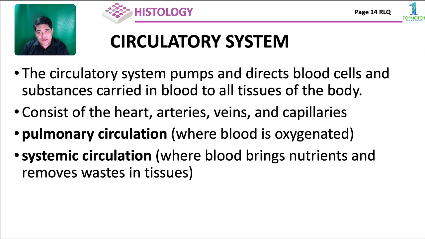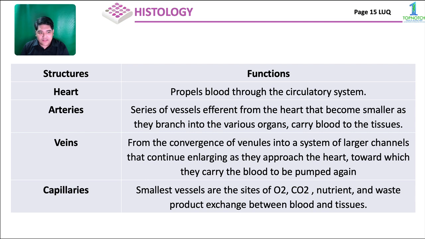So, we have two circulations here: pulmonary circulation, where blood is oxygenated, and then we have the systemic circulation, where blood brings nutrients and removes waste in the tissues. Now, these are the different structures with their functions. The heart propels the blood through the circulatory system. We have the arteries, a series of vessels, efferent, no? Because it is away from the heart, it becomes smaller as it branches into the various organs, carrying blood to the tissues.